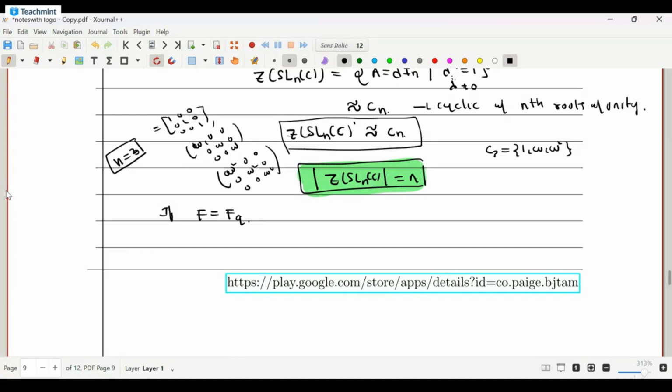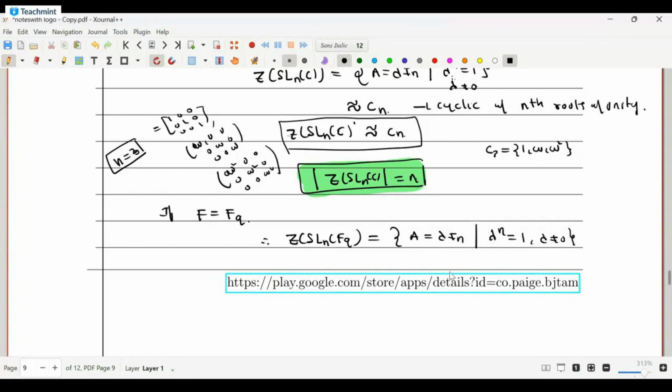If F is equal to Fq, then Z of SLN of Fq, where Fq is the field with respect to addition and multiplication modulo q, is equal to the set of all A of the form lambda into In such that lambda power n is equal to 1 and lambda is non-zero, sir.